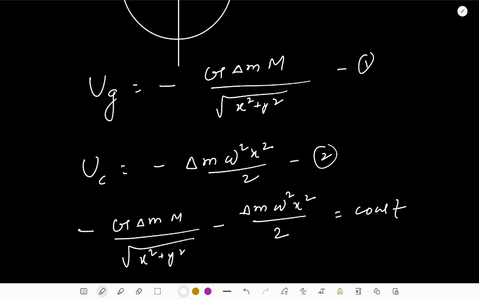That means we can also write this equation in some other form.